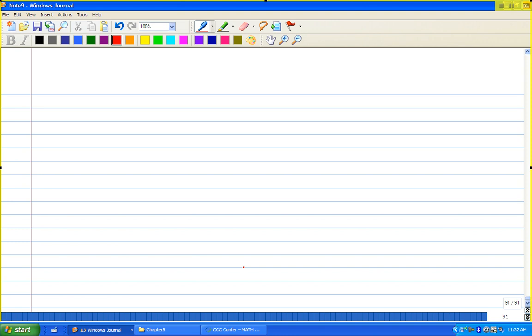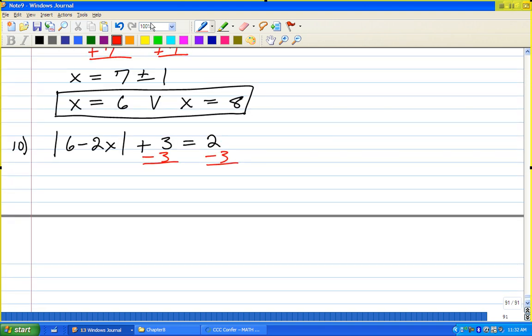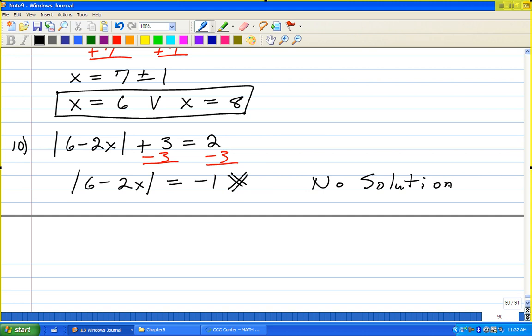So I get here that the absolute value of 6 minus 2x is equal to negative 1, but that's impossible. You can't have the absolute value equaling a negative number. And so this has no solution.